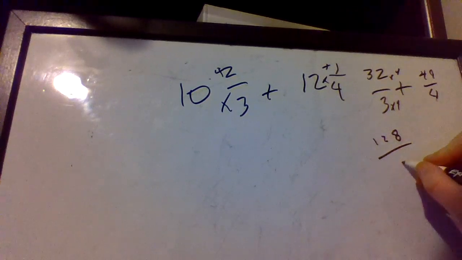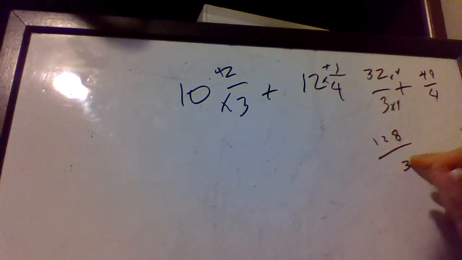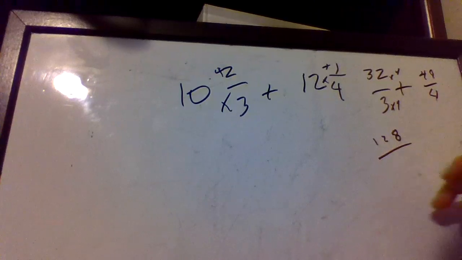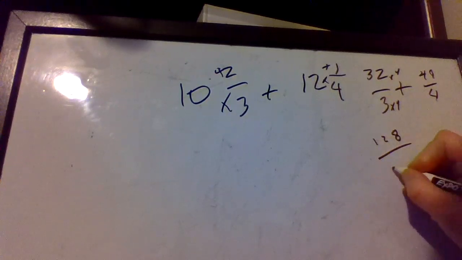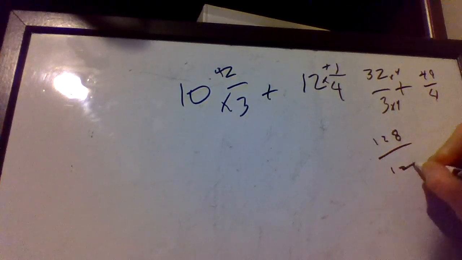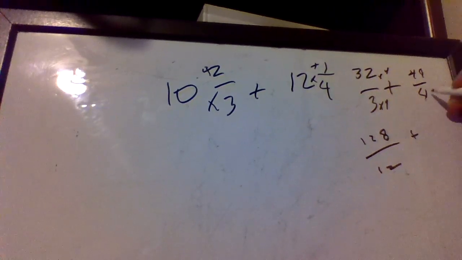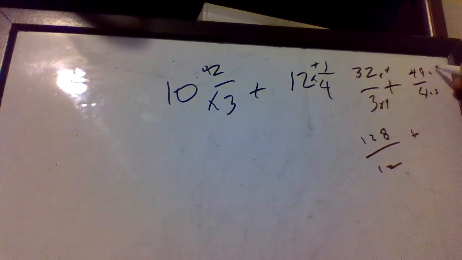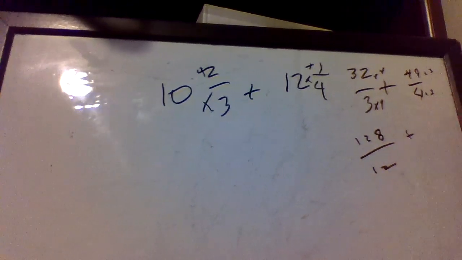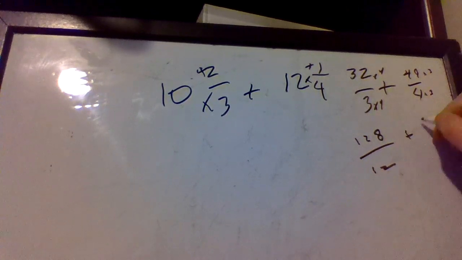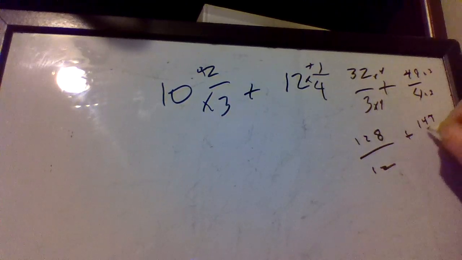So we got 128 over 12 plus, times 3 and times 3, we got 147 over 12.